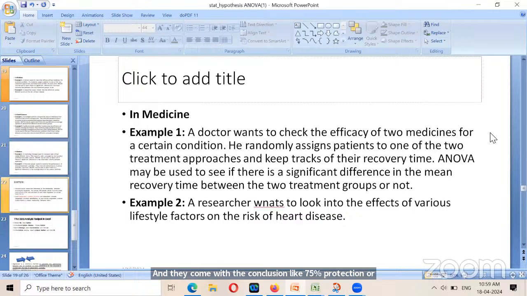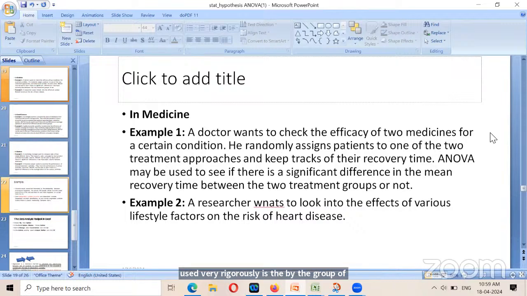So whenever pharmaceutical companies are bringing any drugs into the market, they perform a very rigorous ANOVA test on a group of people. Second, a very important field where ANOVA tests are used very rigorously is by the group of psychologists.